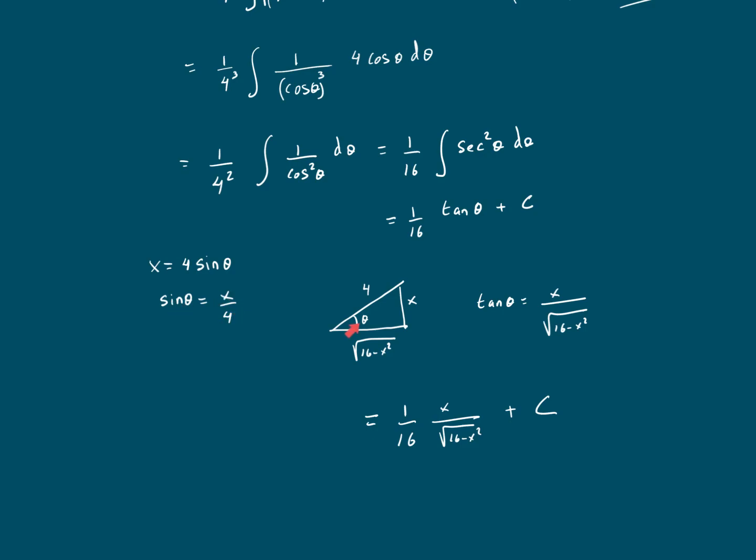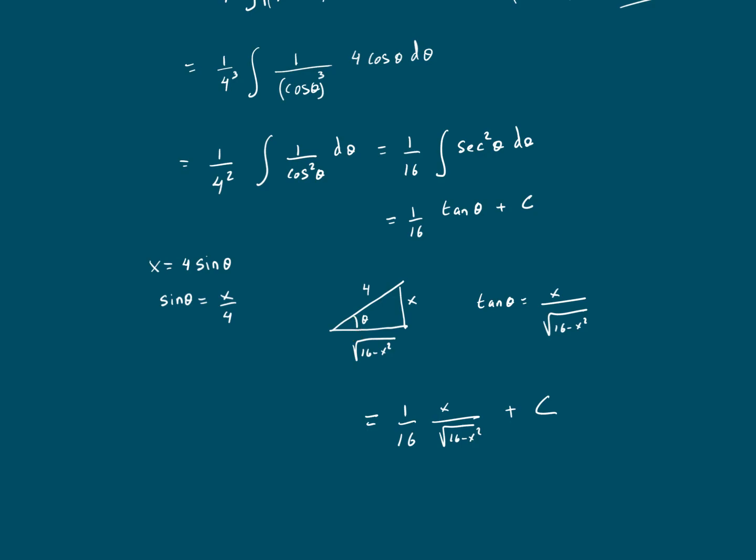But sine of theta is opposite divided by hypotenuse, so x is the opposite and the hypotenuse is 4. If this is true, the other side should be, by the Pythagorean theorem, the square root of 4 squared minus x squared.